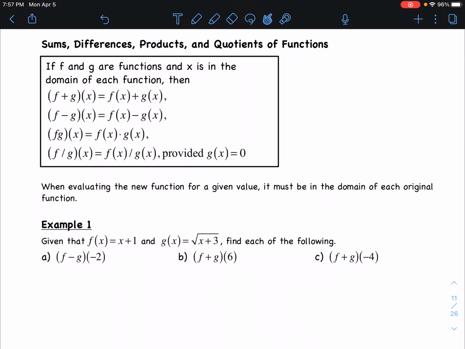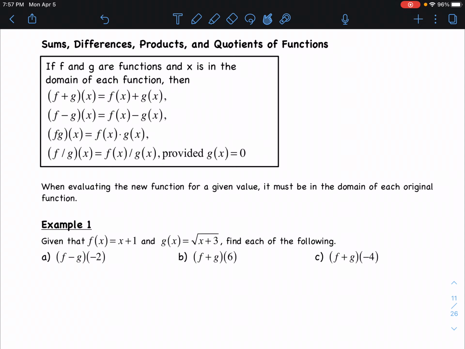So there are some properties that we're showing here. They're somewhat self-explanatory. The first one says f plus g of x means you can add the two functions together, meaning you can combine like terms. Same thing with f minus g of x, you're subtracting like terms.